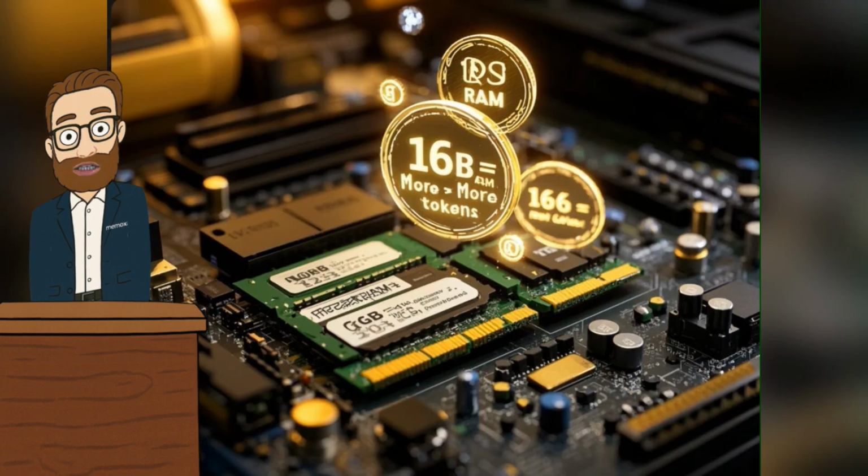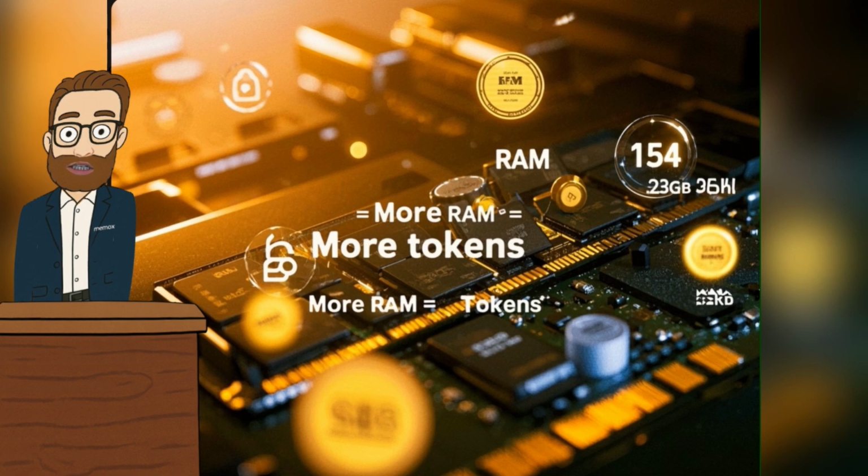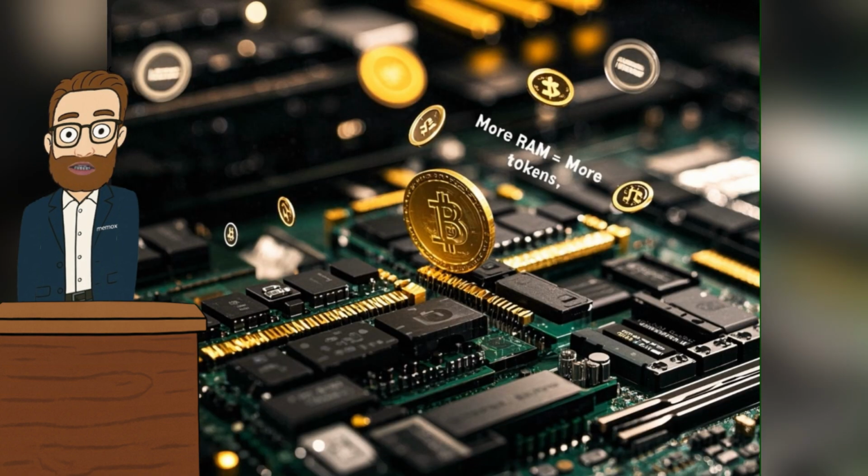Next up is RAM, a critical component when running AI models locally. I recommend at least 30 gigabytes of RAM, though some smaller models can work with 16 gigabytes. However, more RAM allows you to handle larger models and longer prompts more smoothly. In the world of AI, tokens are the chunks of text models process.